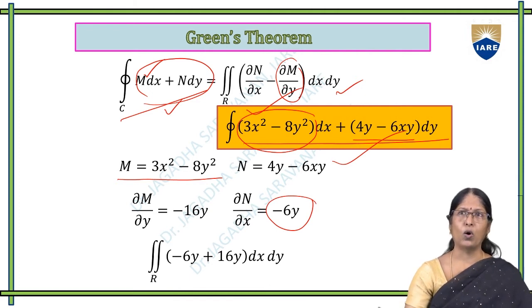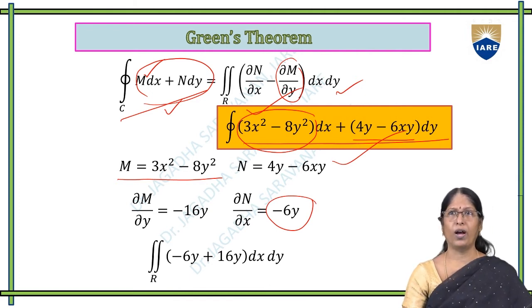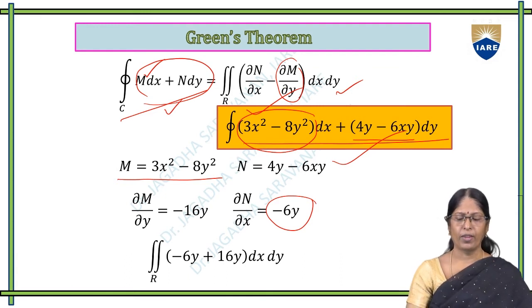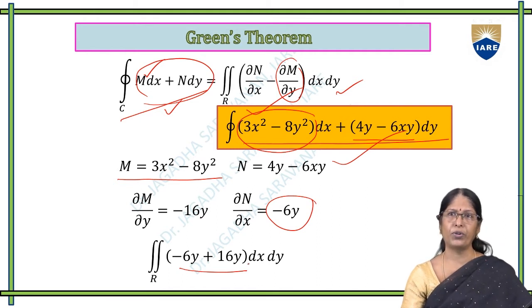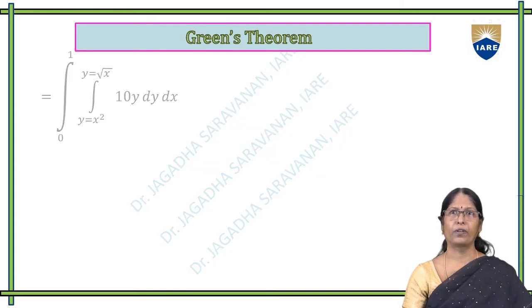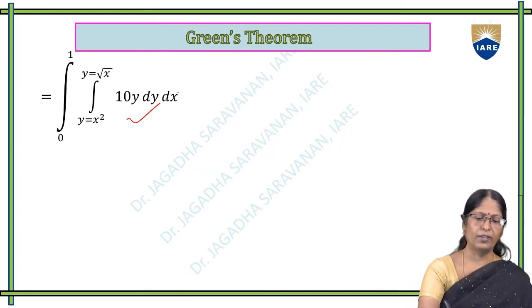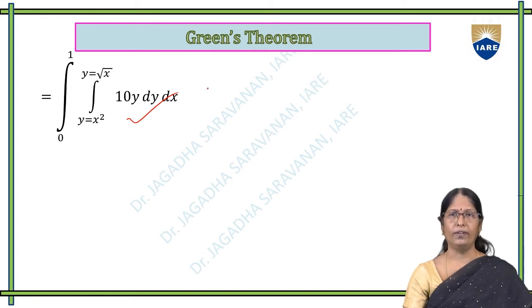Here minus of minus 16y is plus 16y. Both together after substitution give 10y dx dy, so it is written as 10y dy dx.